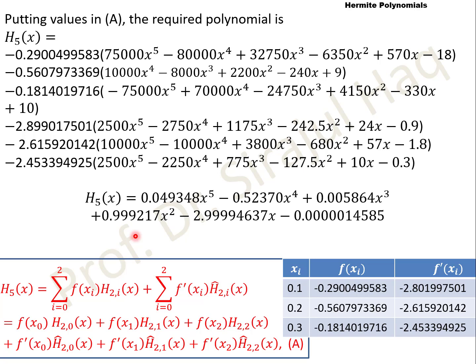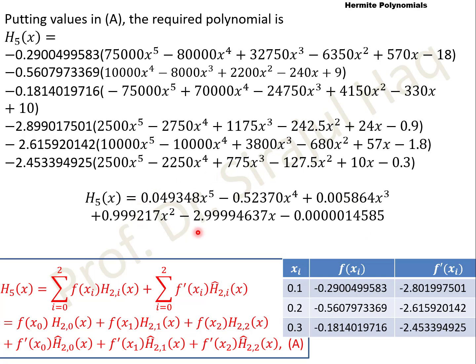This was one case, but now if you want to do the interpolation, for example, you want to find the value of the function at a point which lies between x equal to 0.1 and 0.3, and that point is not available here, but your experiment needs that particular value. What is the behavior of your data at that point? Like the previous methods, the Hermite polynomial can help you.